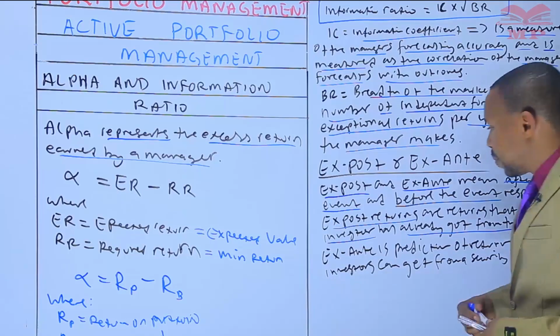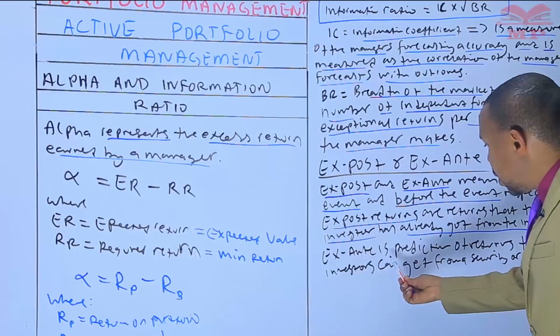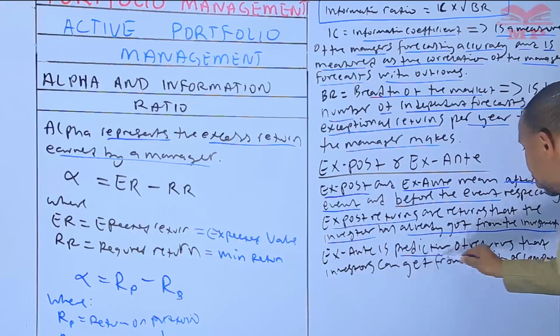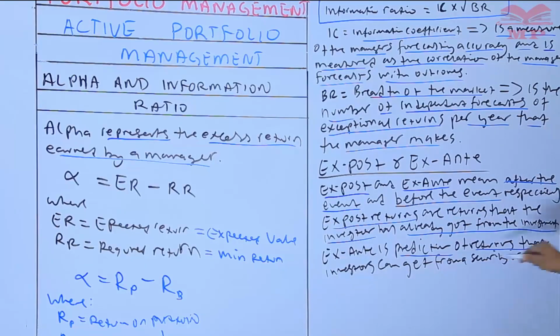That is it. Ex ante is prediction of returns that investors can get from a security or a company.